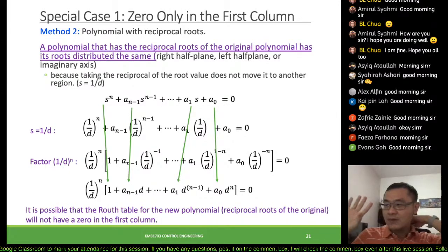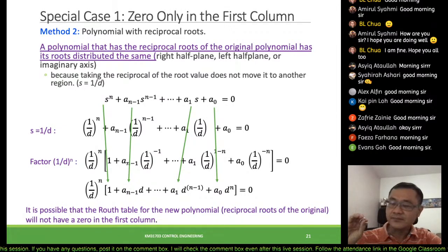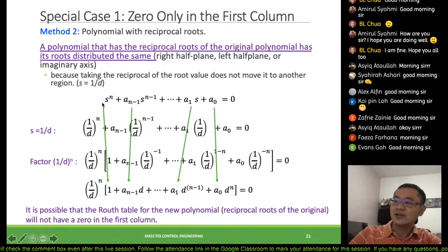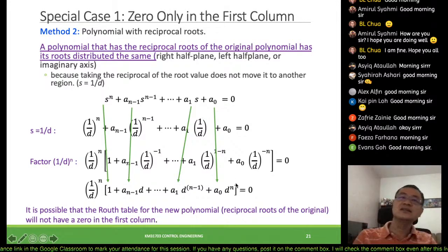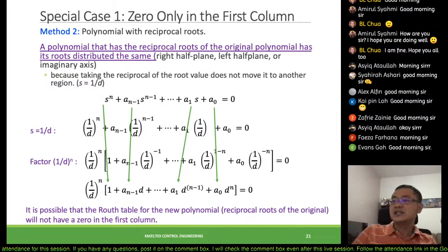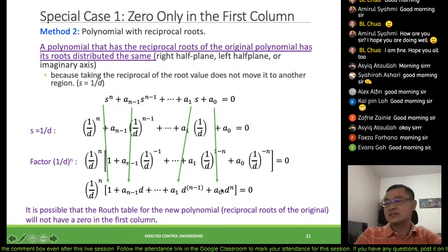Therefore by taking this, we also do not actually disturb the system. The only difference is that the coefficients are the same, but the order now changes. We just reverse the so-called coefficient arrangement. Originally the highest order s^n is 1 here, then we just reverse it, the order is this.